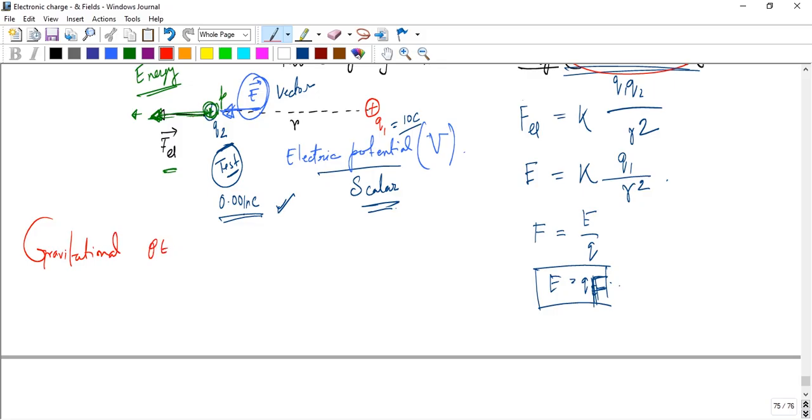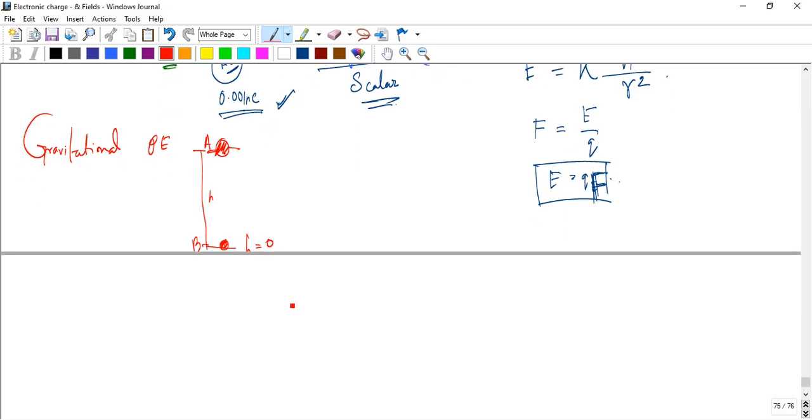What is the gravitational PE? There is some object at a height h, the height of the object from point A is h, and at point B the height equals 0.